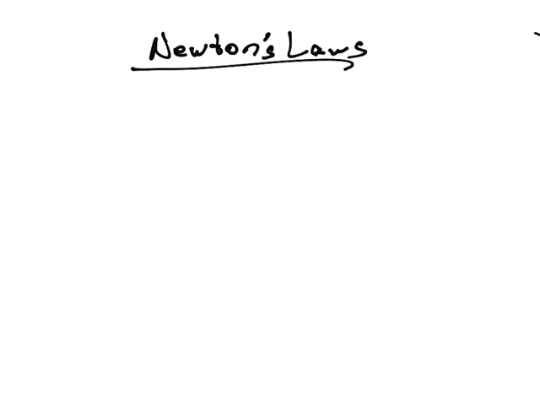Alrighty, so we are now moving on from kinematics into the next chapter of physics, which is on Newton's laws of motion. What you're going to find as we progress through this semester is that solving physics problems is broken up into different styles of problem solving.